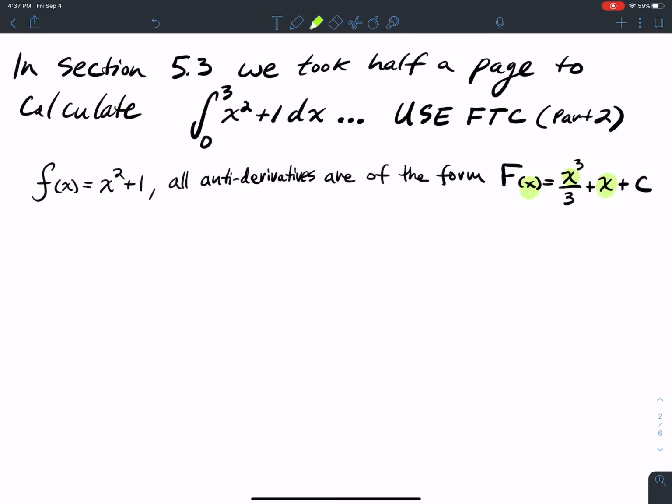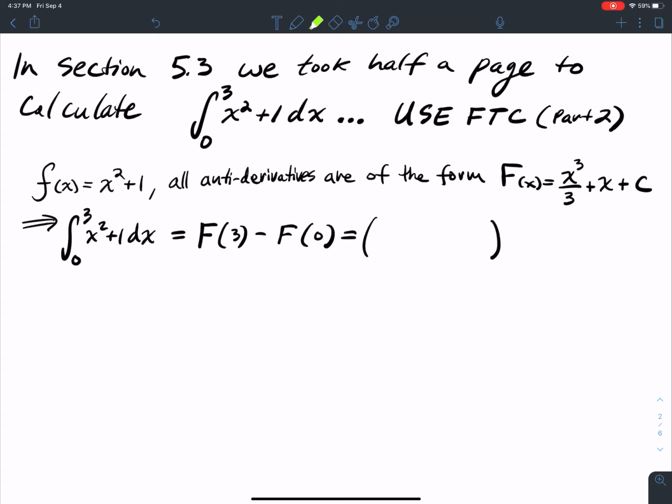Okay, so I input some x. Now, take the example that we have here and apply the fundamental theorem of calculus. We have F of b minus F of a, so F of 3 minus F of 0. And so now I'm going to plug a 3 in everywhere I see an x.